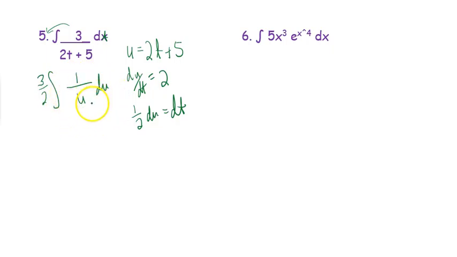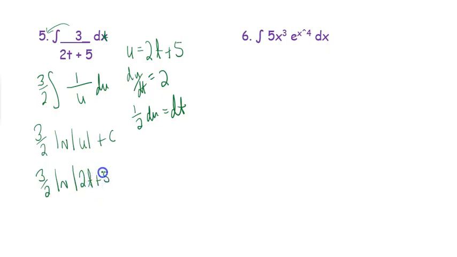You should know 1 over u is the derivative of natural log, so we're going to bring down the 3/2, and the antiderivative of this will be the natural log of the absolute value of u. And so I have 3/2 natural log, plug back in, absolute value of 2t plus 5 plus c.